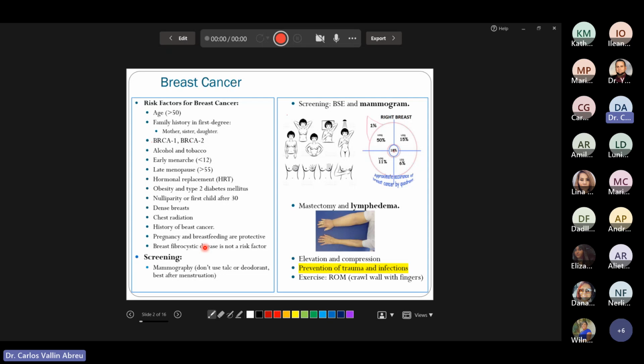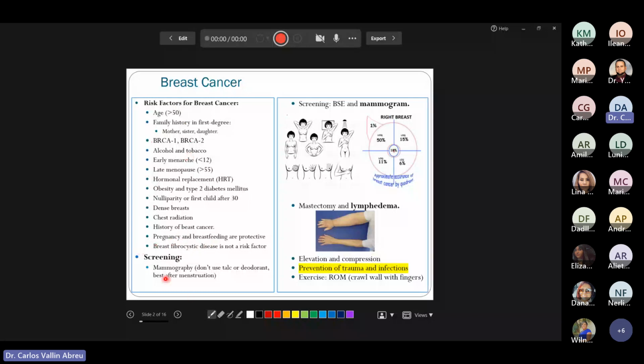The fibroadenoma and the fibrocystic breast disease are not risk factors for breast cancer. Usually they are mentioned in English as distractors: don't click on those, click on the other.